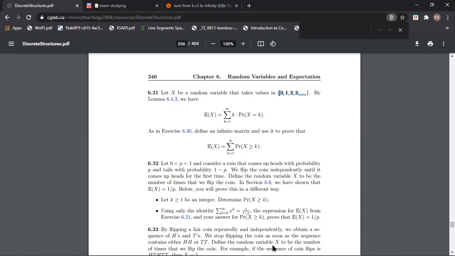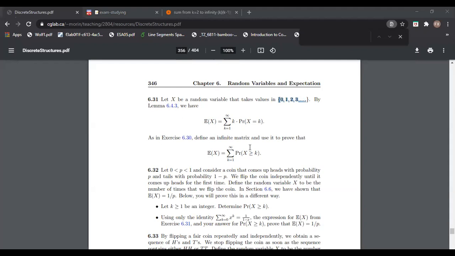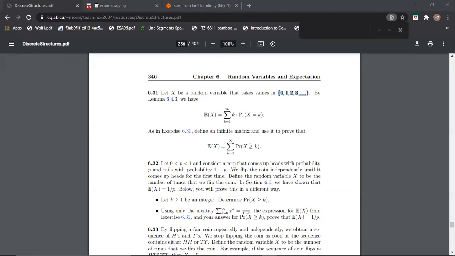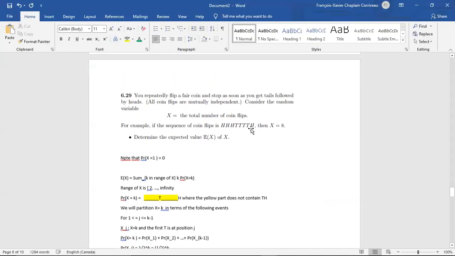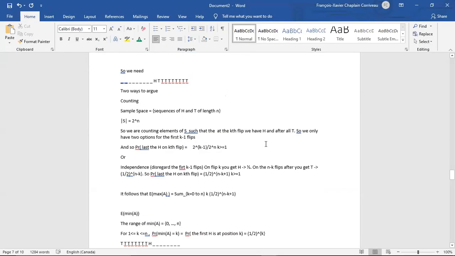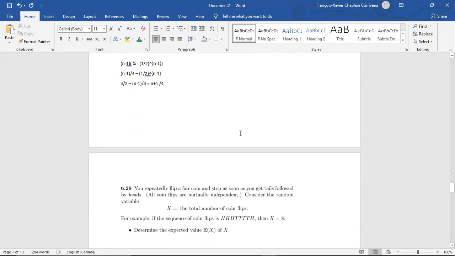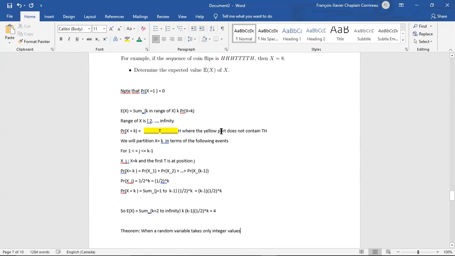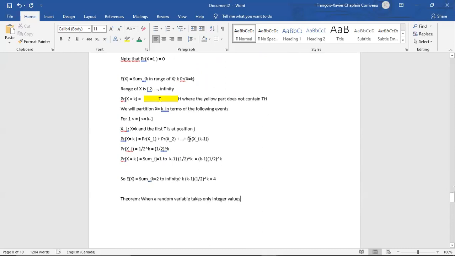Here, the point that I'm trying to make is that when I go back to this question, I could have used this trick. So instead of writing my definition of expected value, instead of looking at X equal to k, I could have looked at X greater or equal to k. And that can make it a lot simpler.